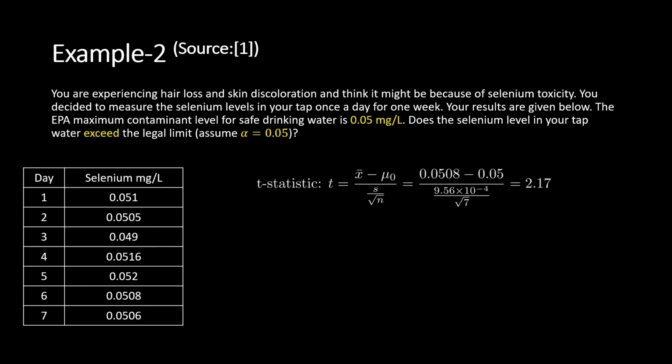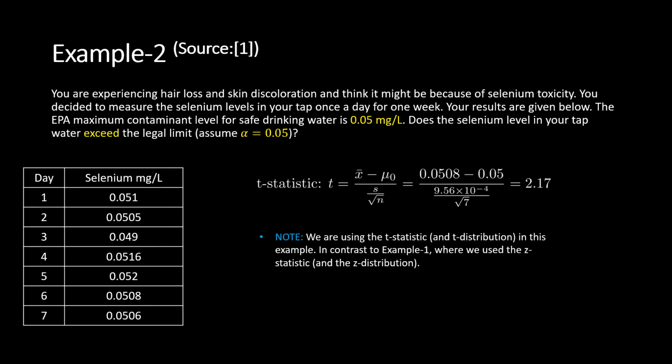Now I want to pause here for a second and point out one subtlety. You should note that here we're using the t-statistic and the t-distribution in this example. This is different from example 1, where we used the z-statistic and the z-distribution, and there's a very good reason for that.